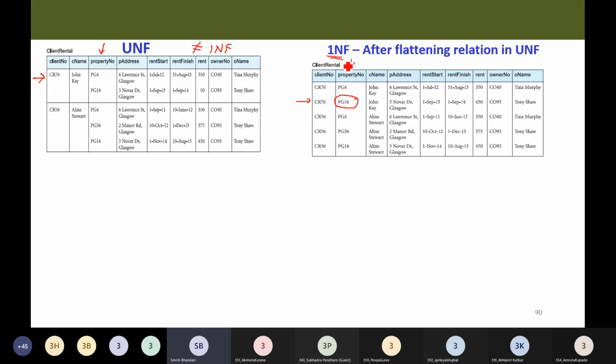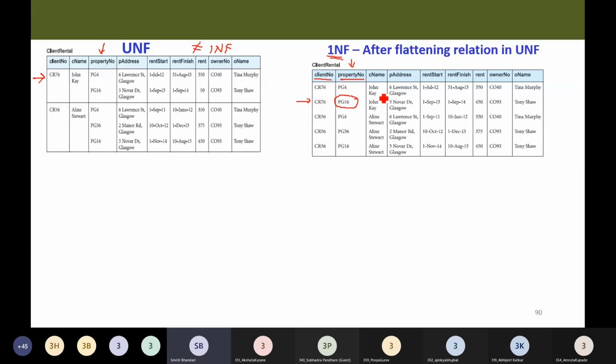But we found that whenever we converted the relation to 1NF, certain partial dependencies exist. For this relation, the primary key is client number, property number, a composite primary key.